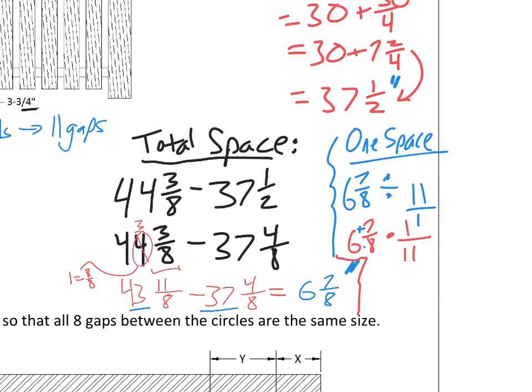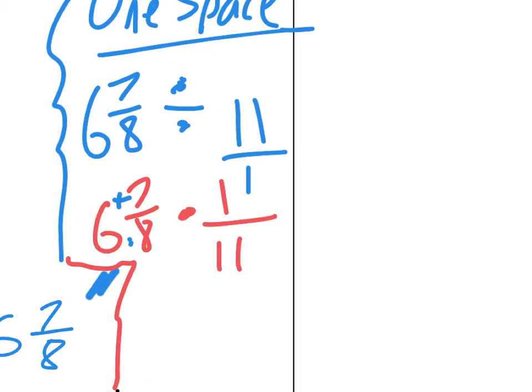Everything's in 8s. So 6 times 8 is 48, plus the 7 is 55. So this is the same as 55/8.